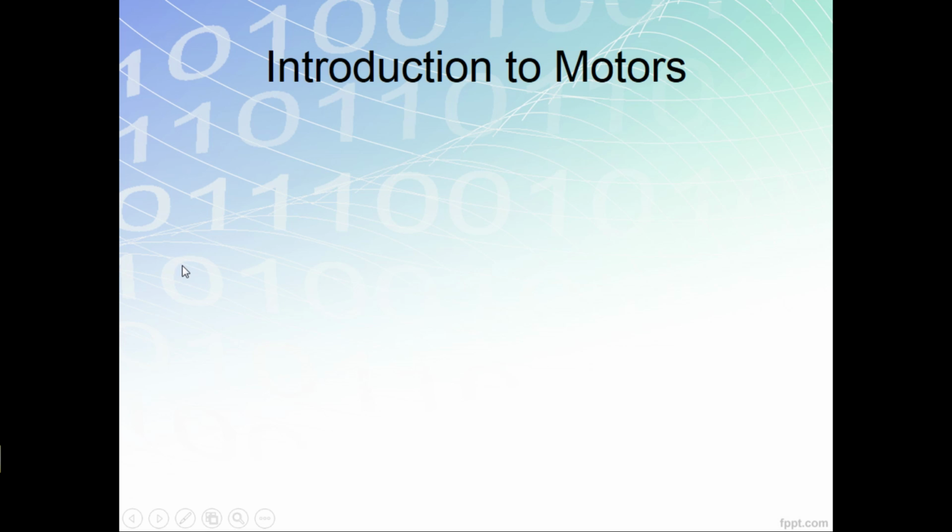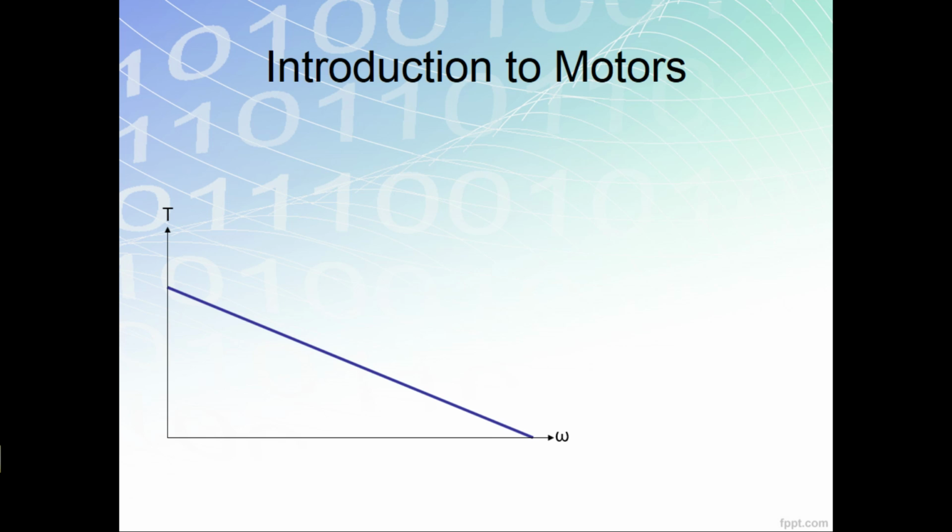So we have learned in the previous slides that torque is proportional to the angular velocity. If we would place the torque and the angular velocity in a Cartesian plane where torque is on the y-axis and the angular speed is on the x-axis, the graph would be similar to this, wherein the x-intercept would be the no-load angular speed, while the y-intercept would be the holding torque.